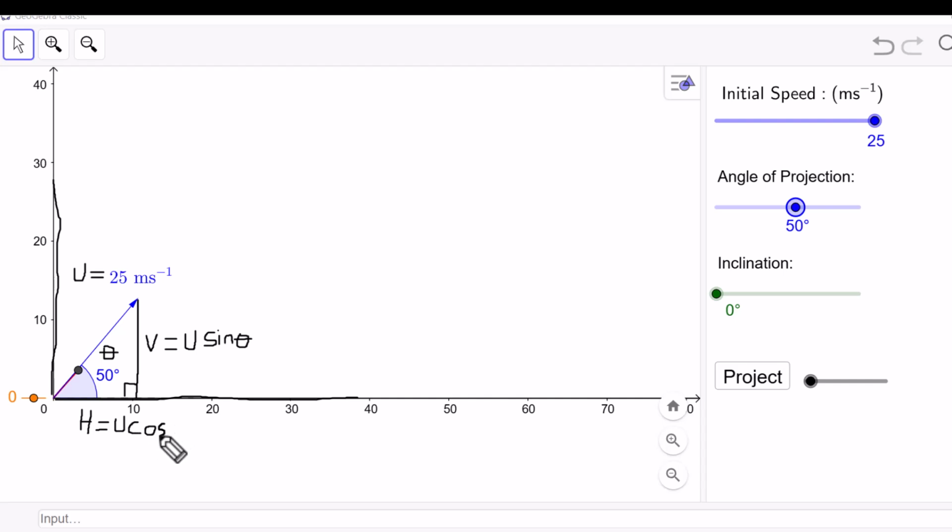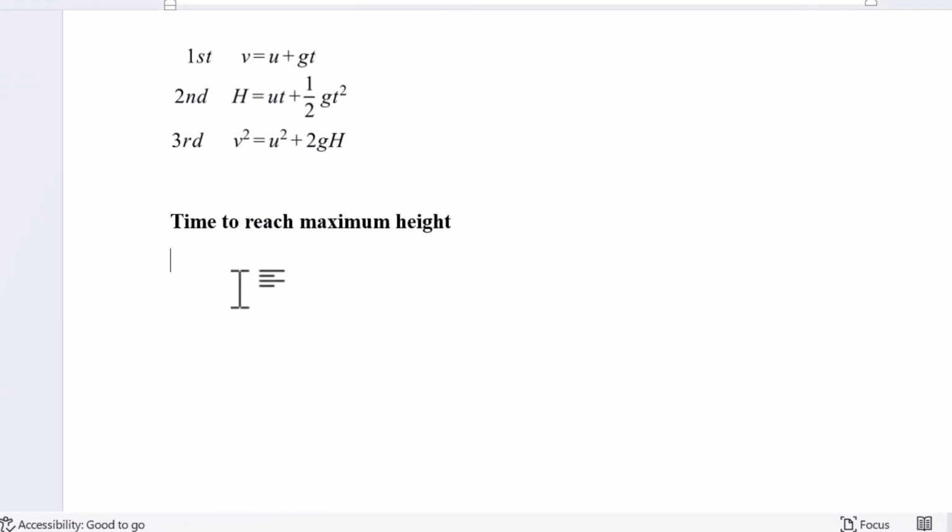So these two components are very important before we start our derivation of the equations. So the horizontal component is u cos theta, the vertical component is u sine theta. So that is what I'll start with first. So take note of that. Let me hide my formula. So take note of the derivation. So very, very important. So that is what I will start with before I start my proof.